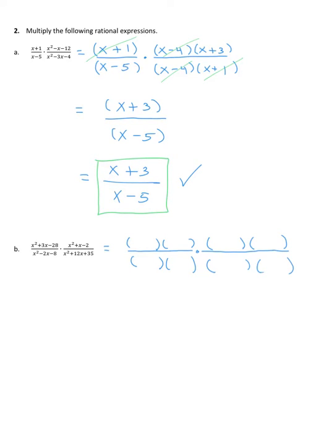I'll start here. Okay, I have to have an x and an x, a positive and a negative. Two numbers that multiply to 28 and add to 3 are going to be a +7 and a -4. The product is -28, and they sum to 3.